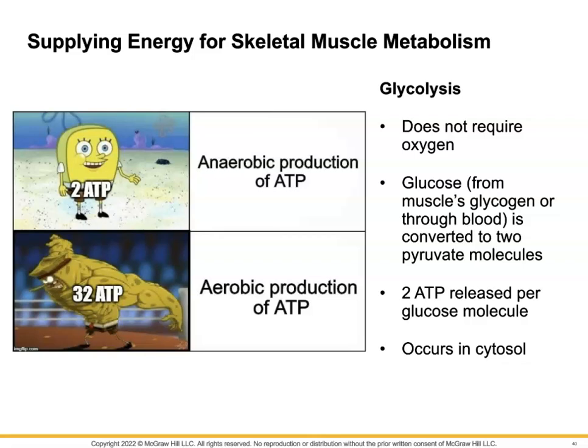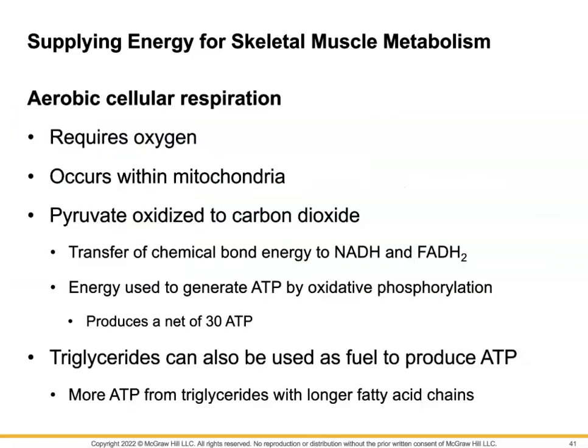So this is useful for when we need short bursts of maximum energy, such as if we're running a 100-meter dash. Not going to sustain us for a long time, but we get that initial rush, if you will, of ATP.